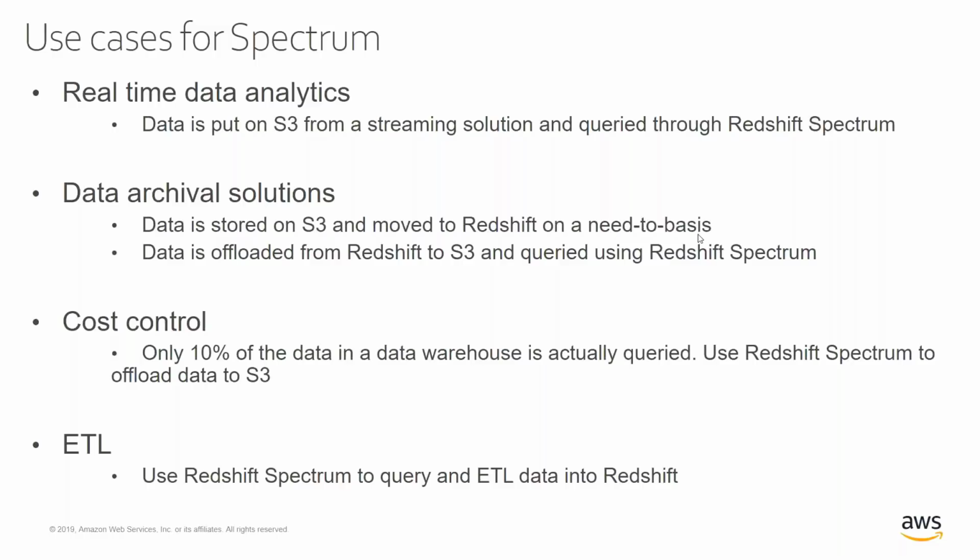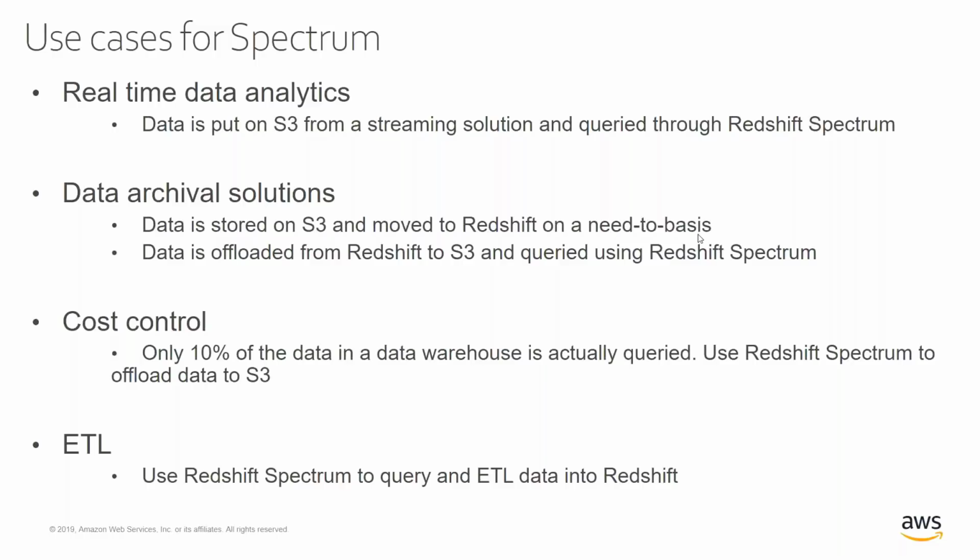They have more data analysts that are comfortable with SQL. So what you would do is use Spectrum to query data that is sitting on S3, write SQL, and load that data into Redshift, like a create table as select statement with a whole bunch of transformations in it. Again, an extremely popular use case among our customers to use Spectrum for ETL.